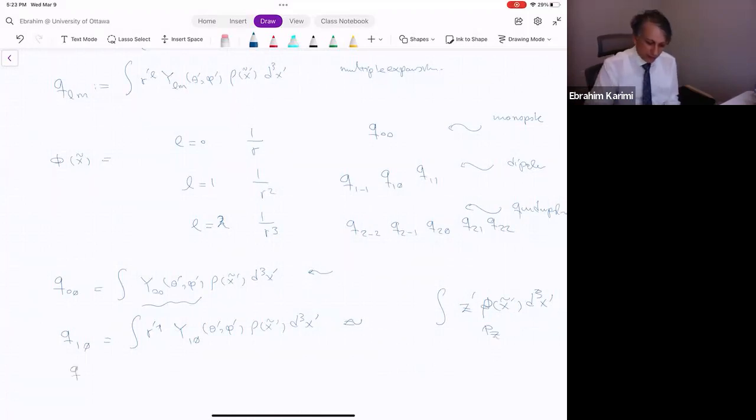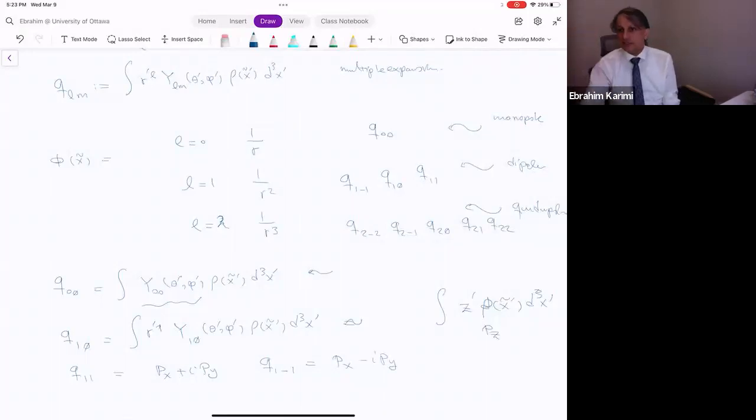If you do the calculation for Q11, that is a combination of Px plus i Py. For Q1 minus 1, that looks like Px minus i Py. Clear?